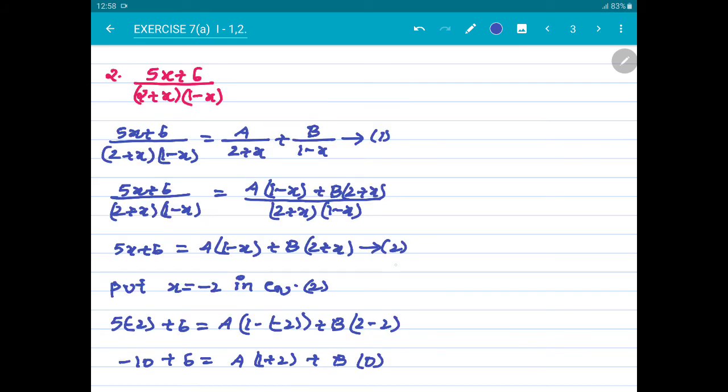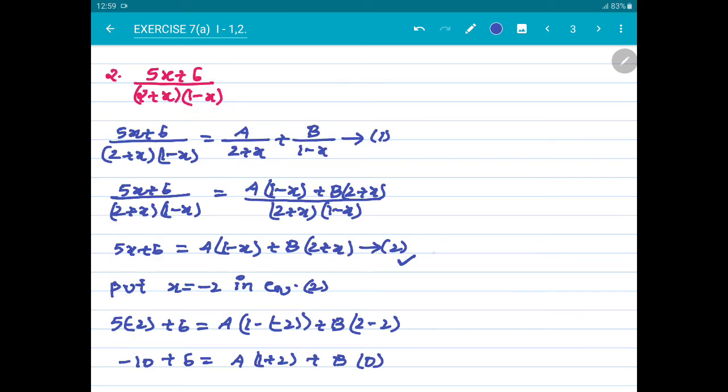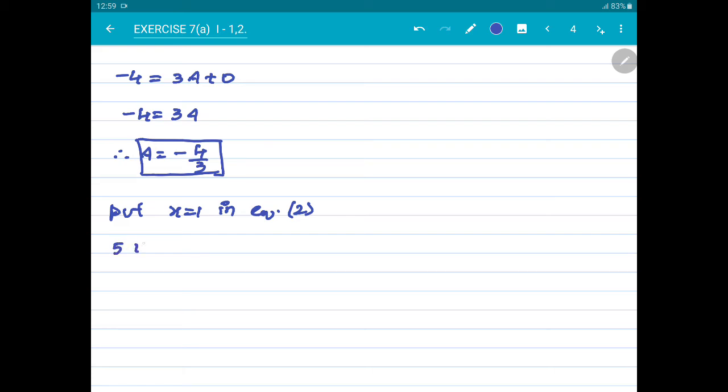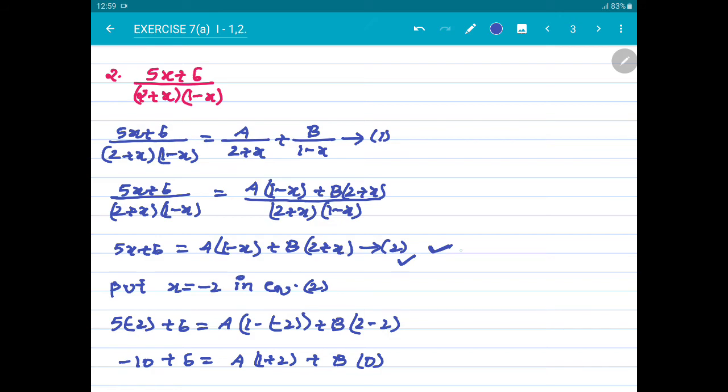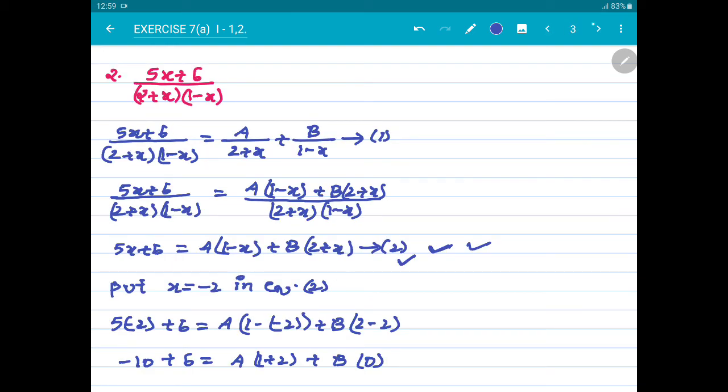Now to get the value of b, in equation 2, put x = 1. On the left we have 5x + 6, so 5 times 1 + 6, and on the right a times (1 - 1) plus b times (2 + 1).